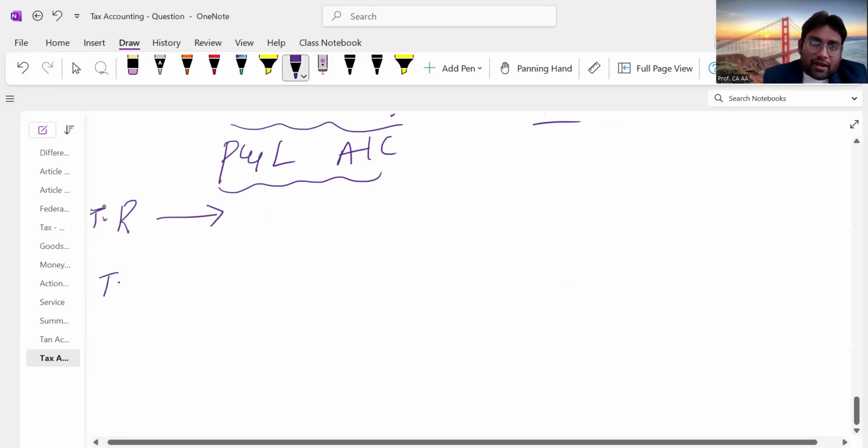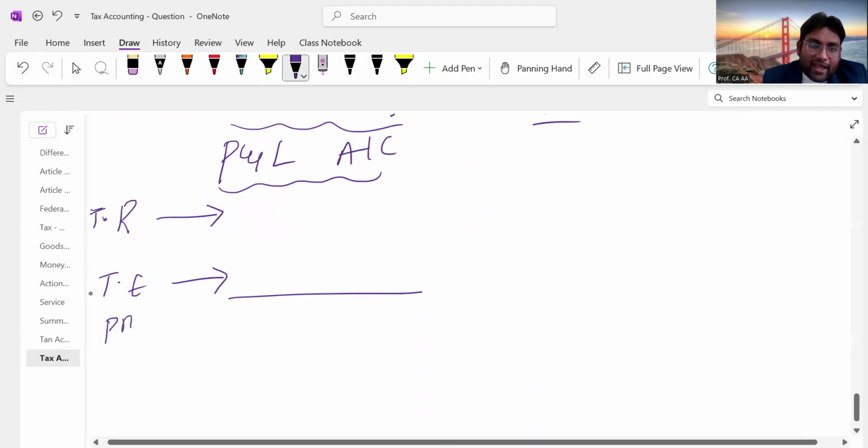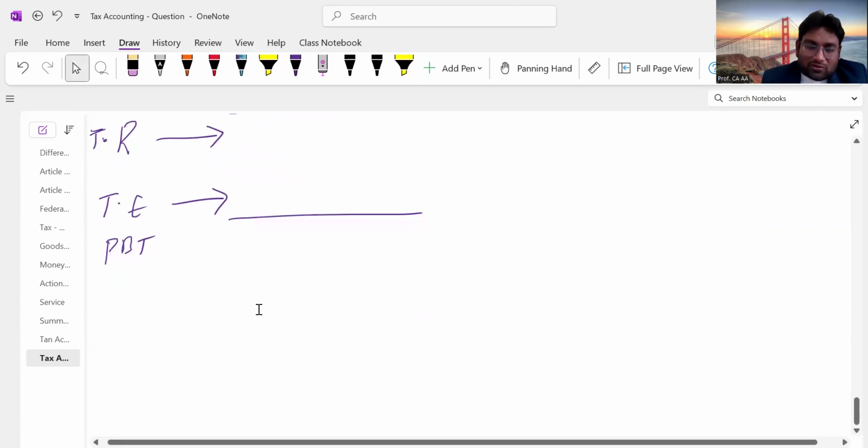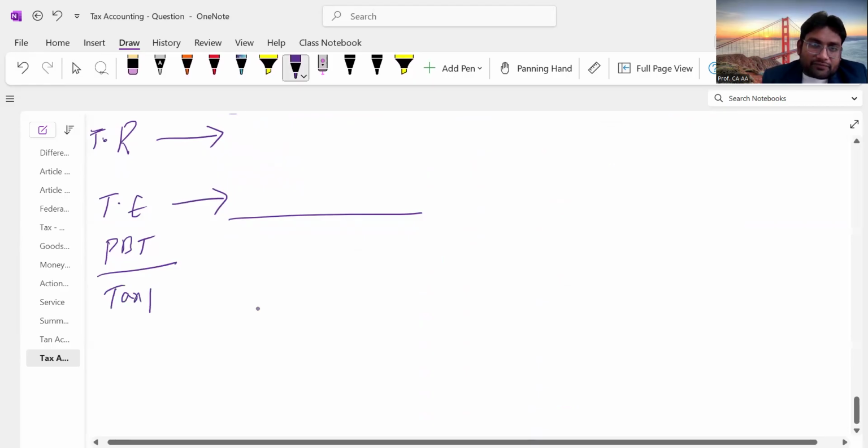I'm trying to reasonably draw the format of Schedule 3: total expenses, then profit before taxes. We don't have all that information. Then we have tax expenses.